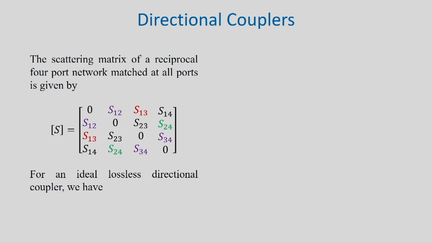Now, when the directional coupler is ideal and it is lossless, port 1 and port 4 and port 2 and port 3 are completely isolated, and therefore, S23 and S14 are equal to 0.